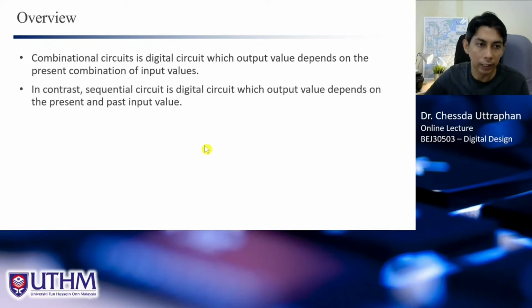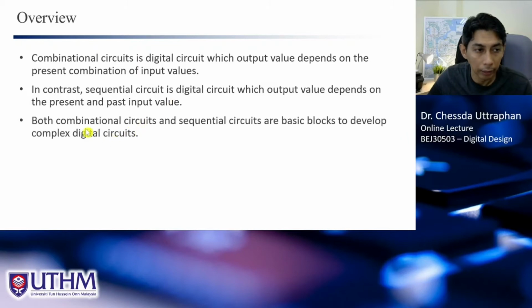We have another kind of circuit called a sequential circuit, which we will learn in chapter 4, where the output not only depends on the input, but also depends on the past values of input or output, right? That is called a sequential circuit, or in other words, a circuit that has a memory.